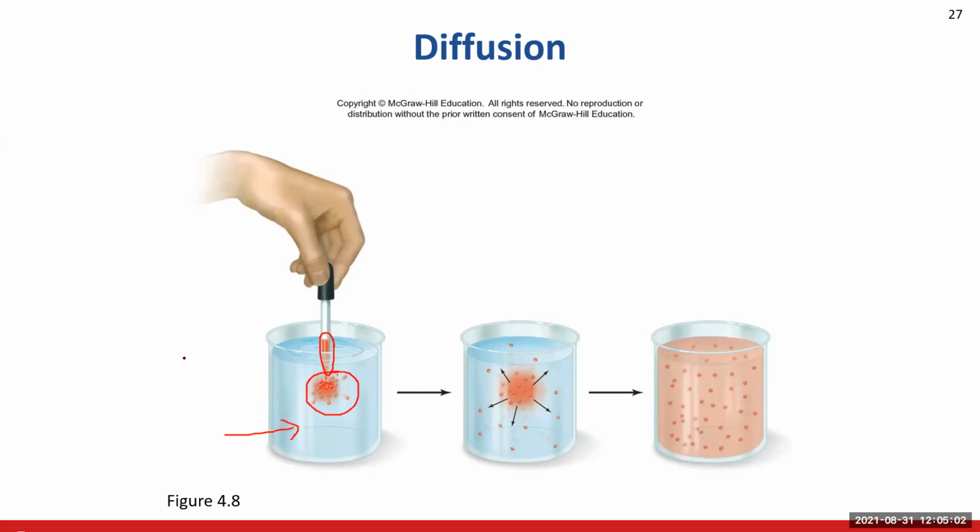So through the process of diffusion, the food coloring is going to want to move outwards into the areas of less concentration of the food coloring. And you can see it here in this picture in the middle. You can see those molecules are spreading out until we reach what we call equilibrium, which is when everything will be balanced.